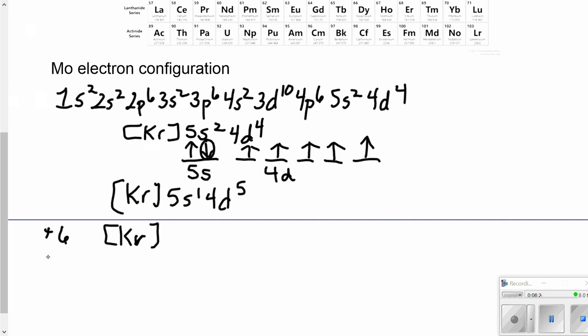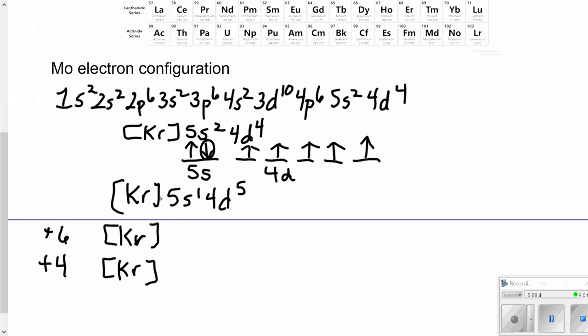But what we find is it does have some other common ions. One is +4. What happens in +4 is that it loses the one from the s and then an additional 3. Now, in transition elements, or the ones that are filling the d orbitals, it loses the ones from the s first. Even though it was not added last, it comes out first because it is the outer shell.